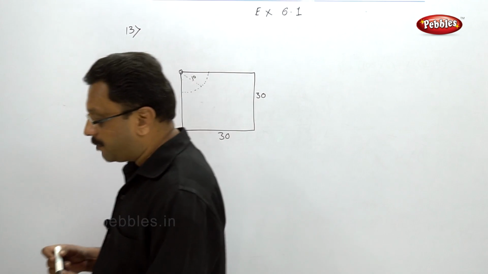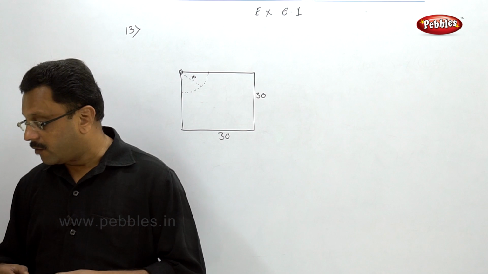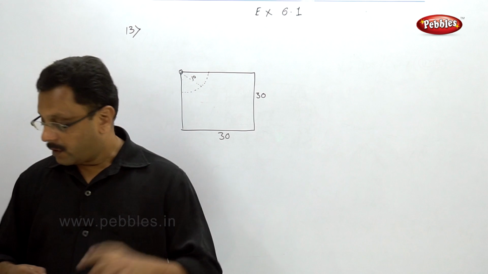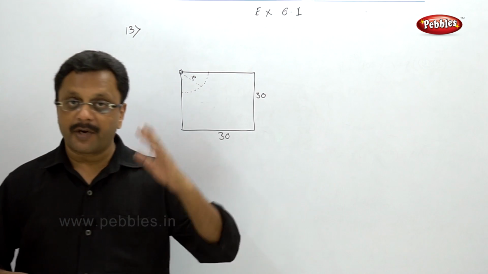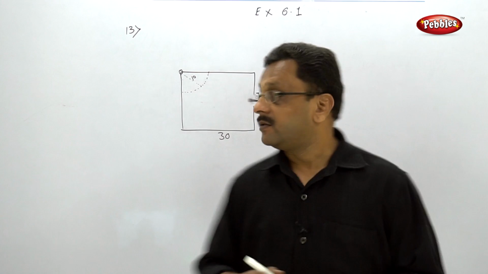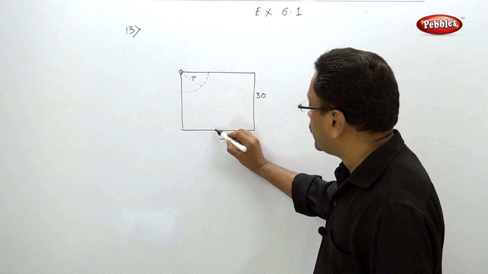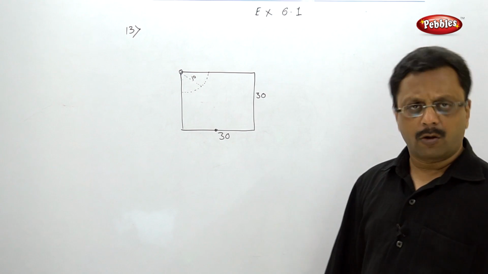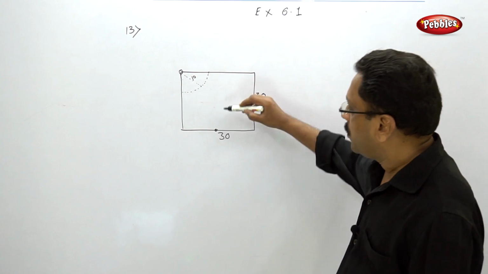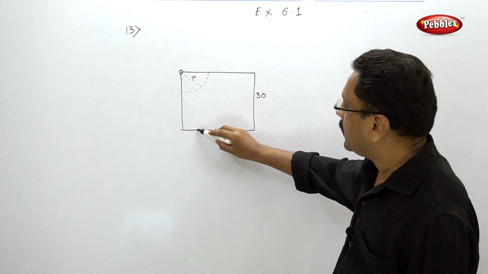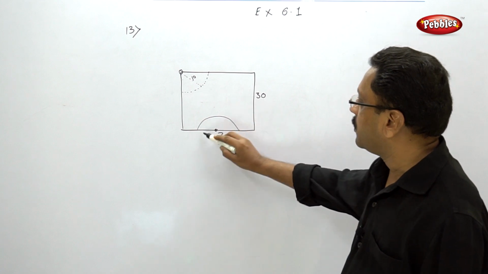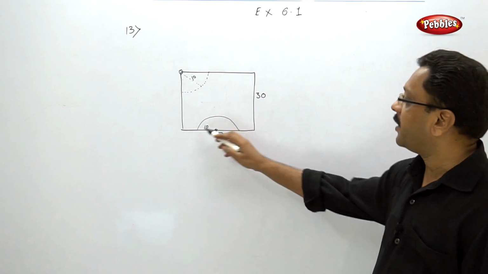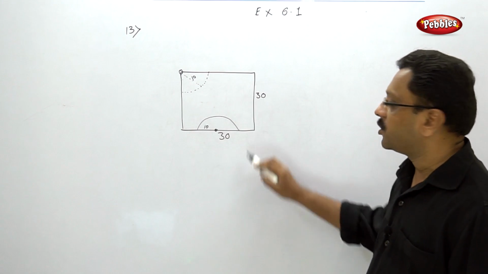The second part of the example is, what will be the area of the field in which the horse can graze if the pole was fixed at the middle of the side? That means now the pole is fixed at the center here, and the rope length is the same 10 meters, but now the horse can graze in this semicircle of radius 10, and you have to find out the area in which the horse can graze.